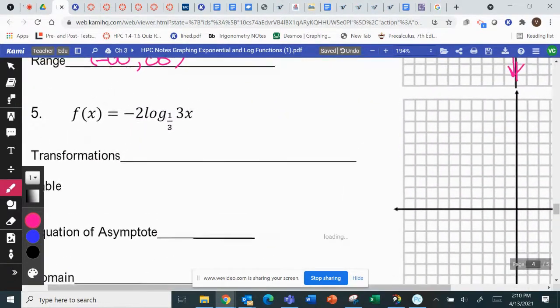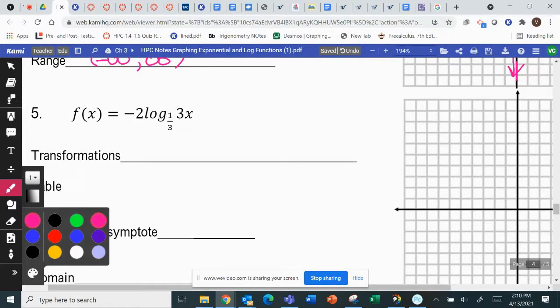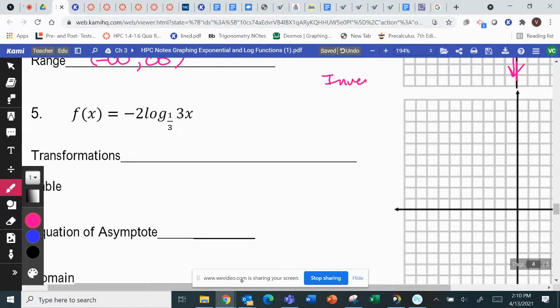So the next question, I noticed that it is logarithms. So I'm going to do my inverse. And the base of the log is the same as the base of the inverse, 1/3 to the x.